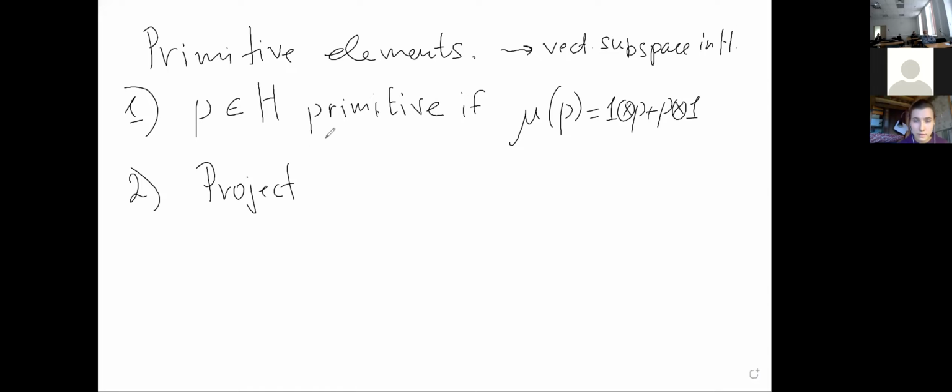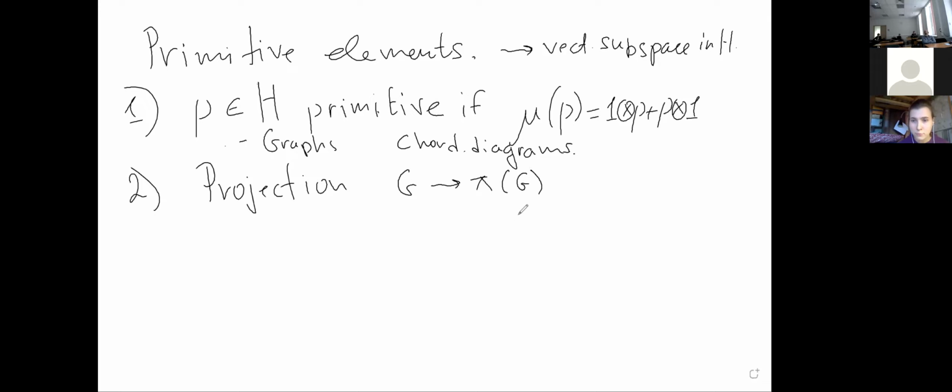And if we consider the Hopf algebra of graphs or the Hopf algebra of chord diagrams, then we have a formula for projection of any element to the subspace of primitive elements.